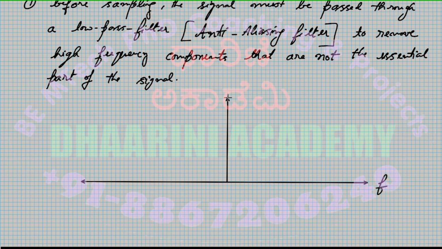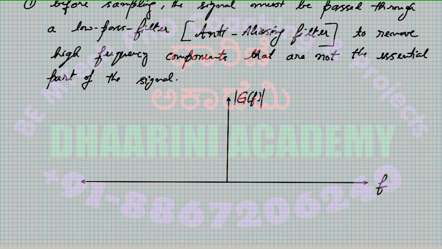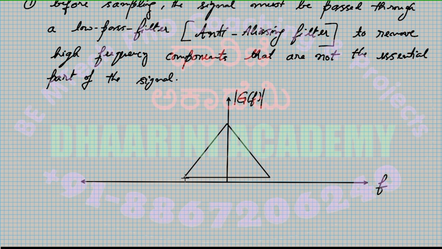This is a magnitude. So I'm trying to plot the magnitude spectrum, magnitude G of f. So this is how it looks like.